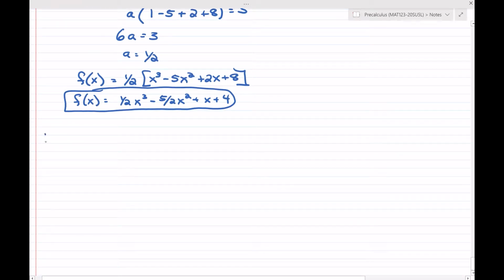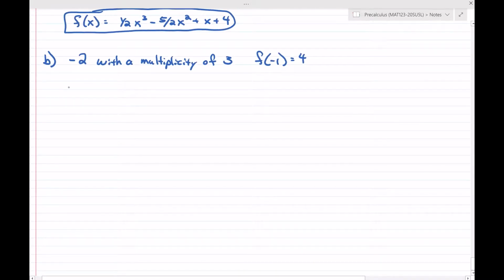Let's do one more like this. What if I asked you to write a third degree polynomial, so we're building off of this example, where one of the roots is -2 with a multiplicity of 3, and f of -1 is equal to 4.